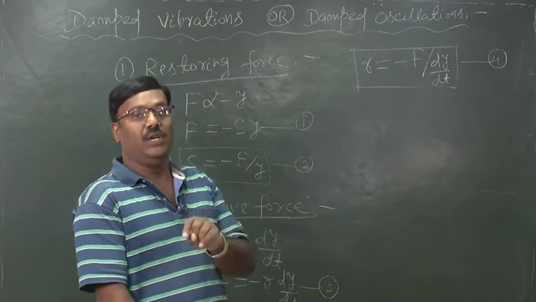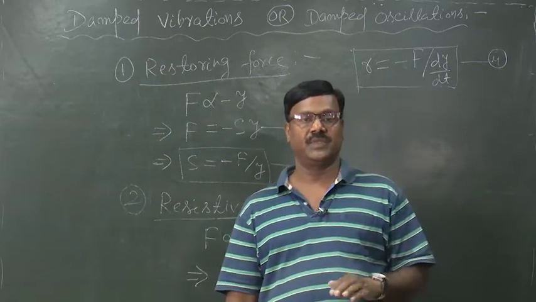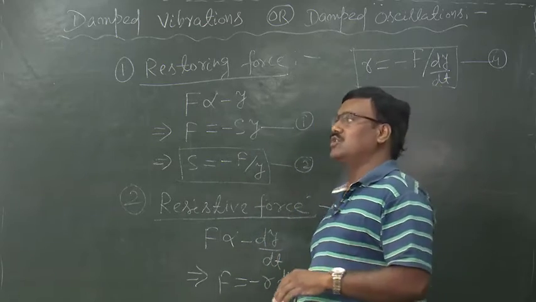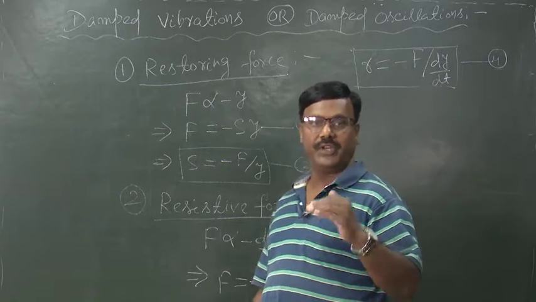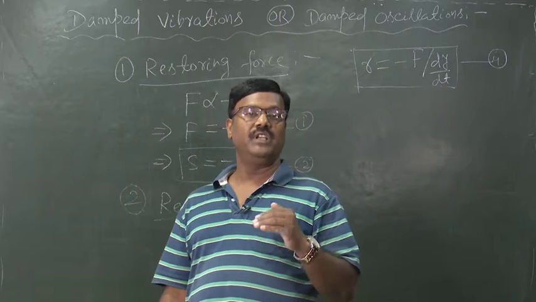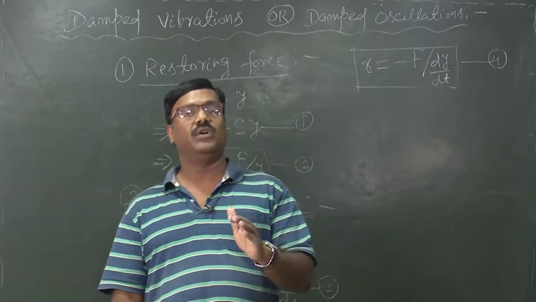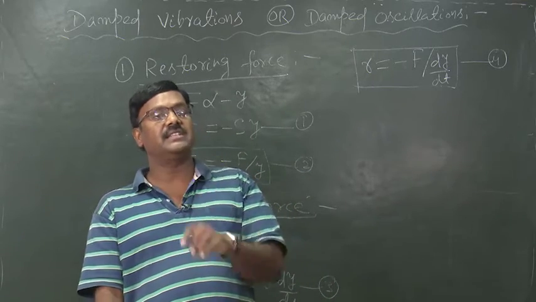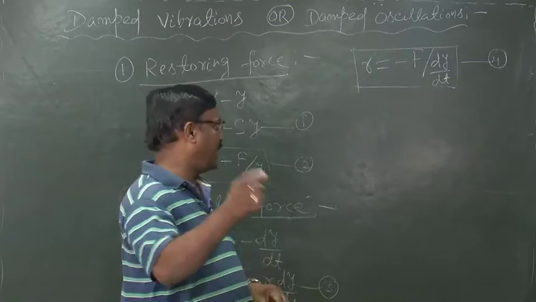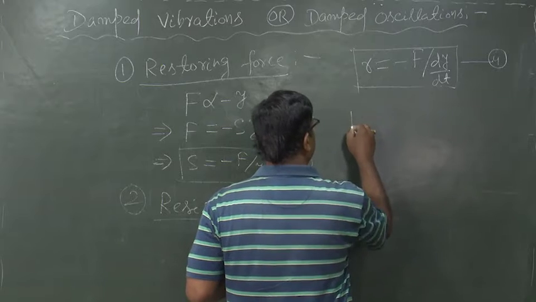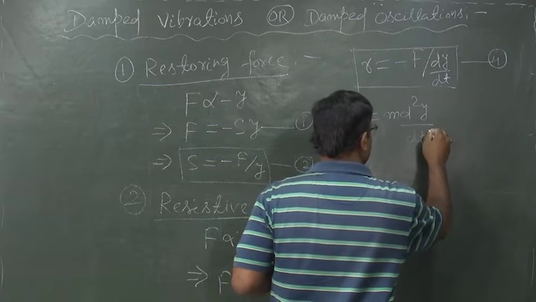From Newton's law, a body executes motion only when acted upon by a force, equal to mass into acceleration, F equals ma, where acceleration is the double derivative of displacement, so F will be m d square y by dt square.